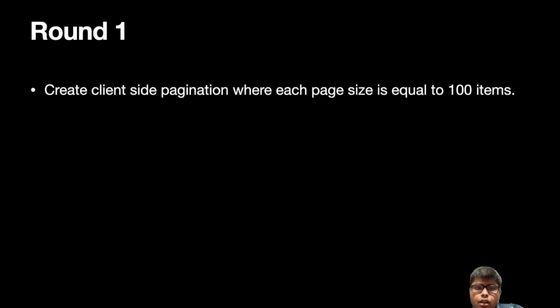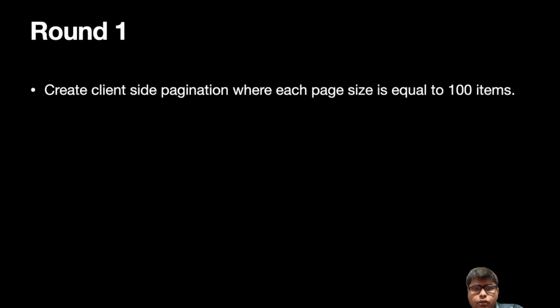I needed to create client side pagination where each page has 100 items. Suppose I have 400 items, then I need to show four buttons, and when I click on one button, the screen shows 100 items. Something like this I needed to create.